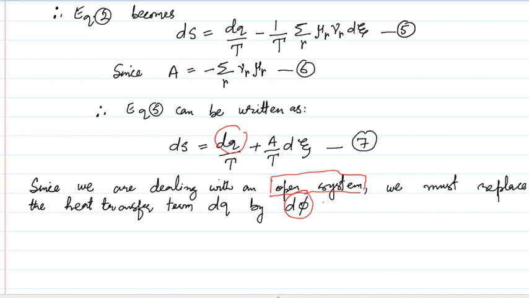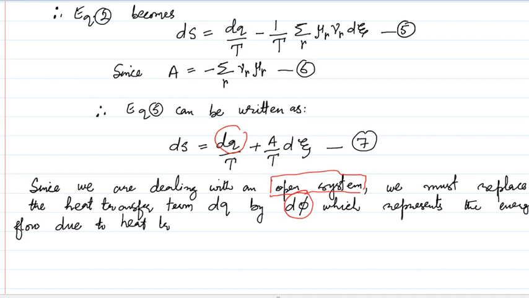This d phi basically represents the energy flow due to heat transfer and also exchange of matter.